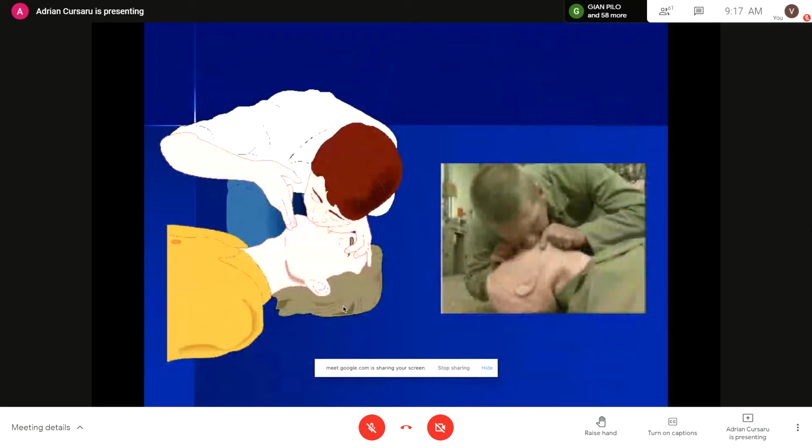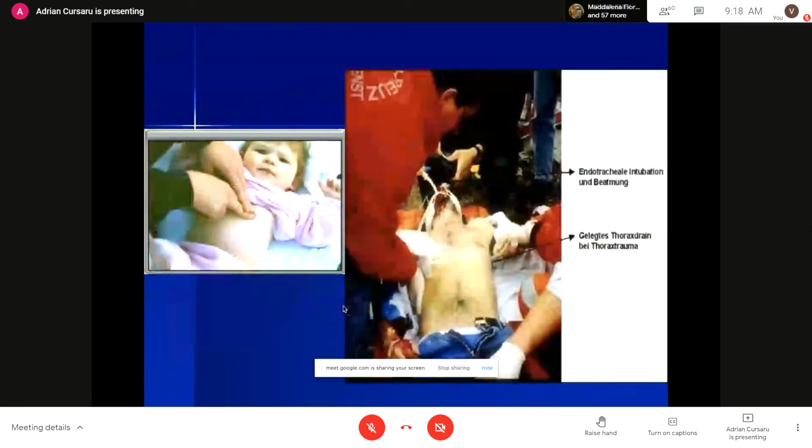If we have to make that kind of maneuver, you have to put a finger on the mandible of the patient to make the hyperextension of the neck, and with the other hand you have to close the nose of the patient, because otherwise your oxygen will be lost through the patient's nose. And it is very important to put your hand and make that maneuver.